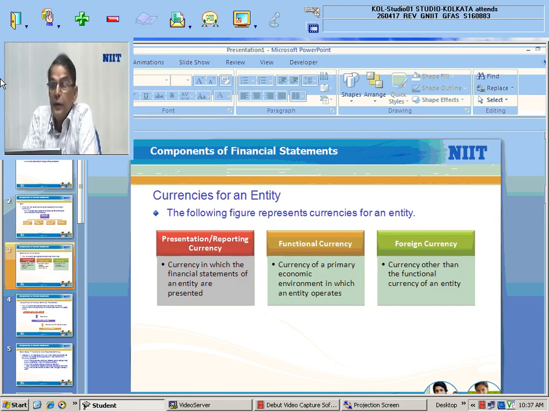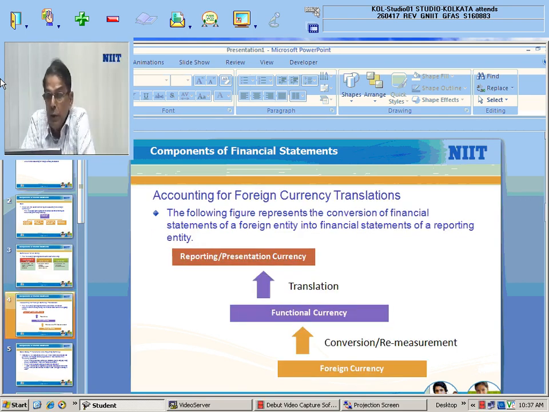Now, how is the conversion of the financial statements of a foreign entity into the financial statements of a reporting entity to be done? Take the case of an Indian company which has a subsidiary in the US.